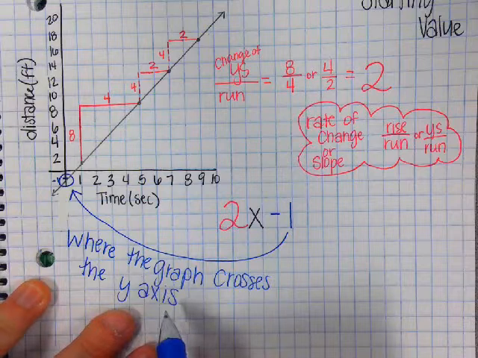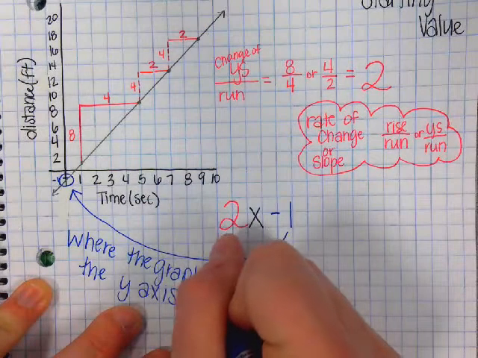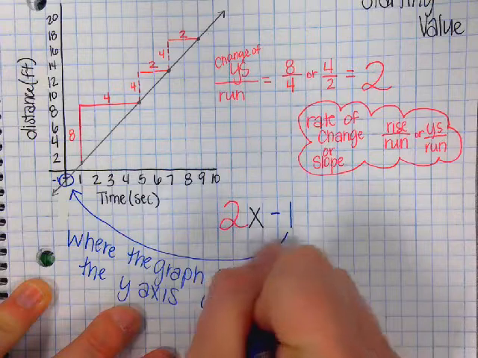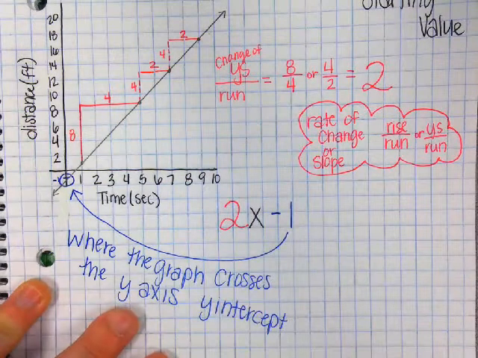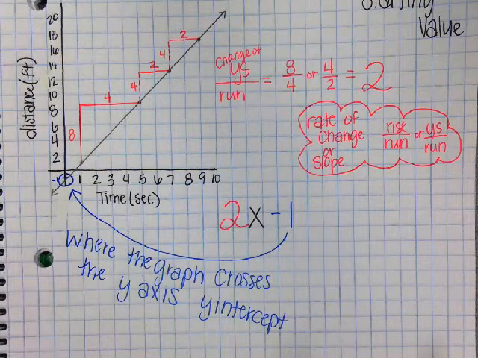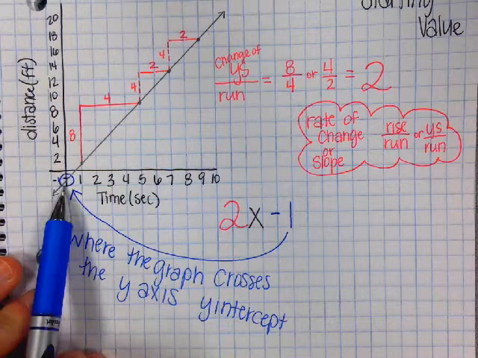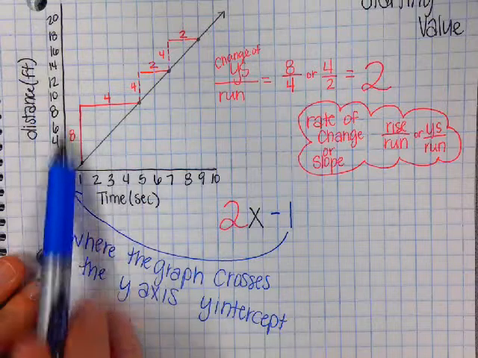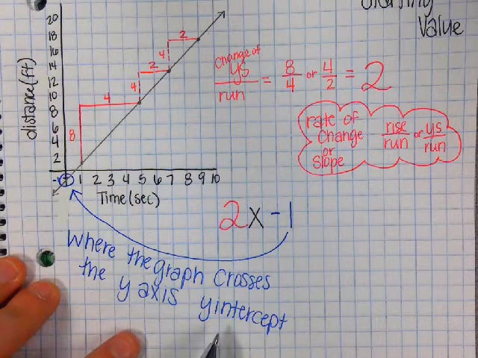So it's where the graph crosses the y-axis, and this definition is called the y-intercept. The way I always think about the y-intercept is if I'm intercepting the ball or anything like that, it's where the person catches it. So I always think of it as where the y-axis catches the line.